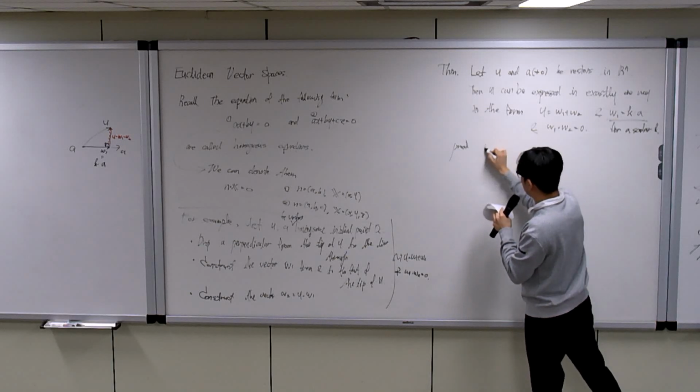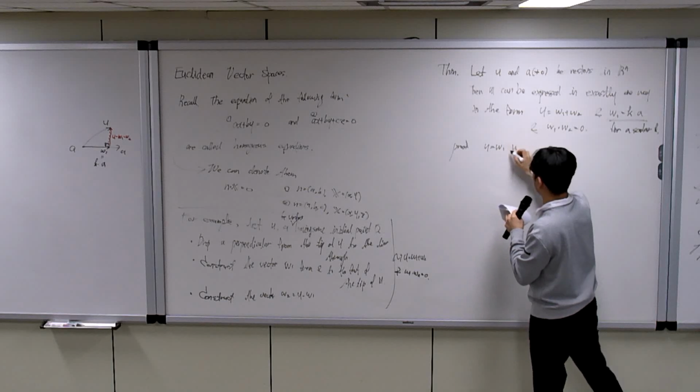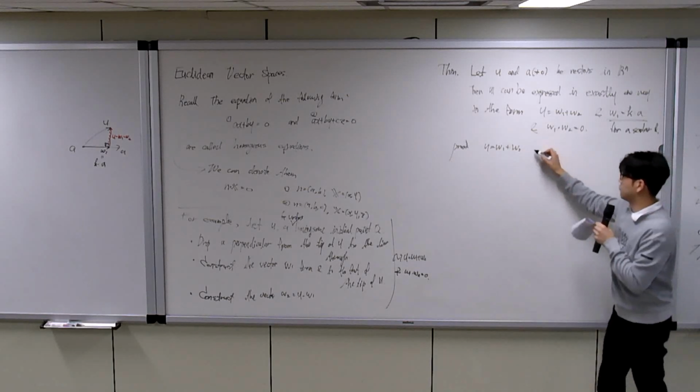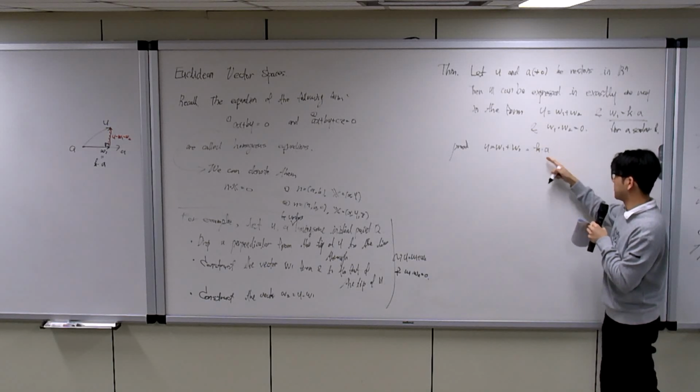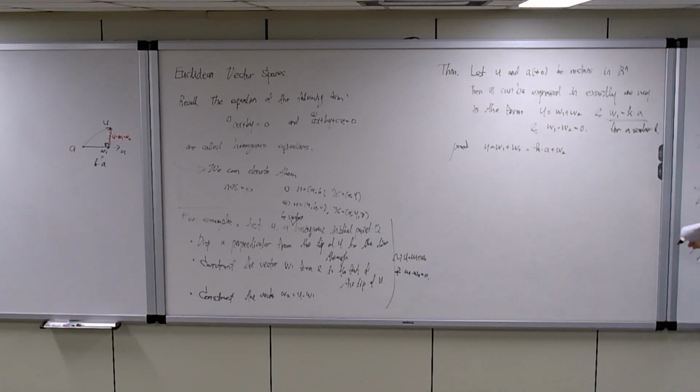Then our goal is decomposing U into W1 plus W2, where W1 is k times the vector A, plus W2.